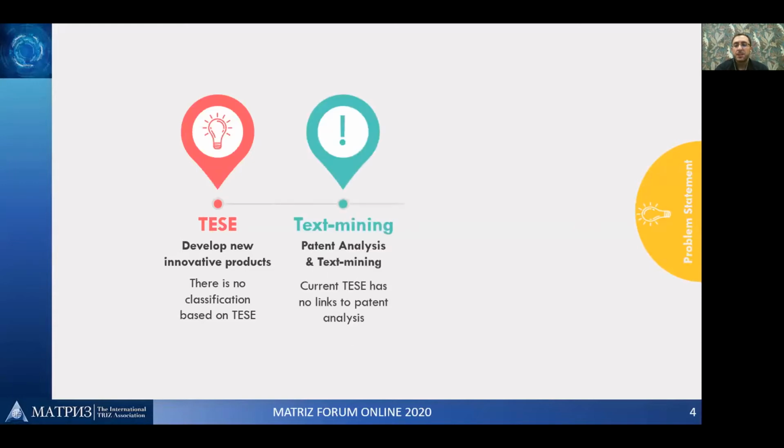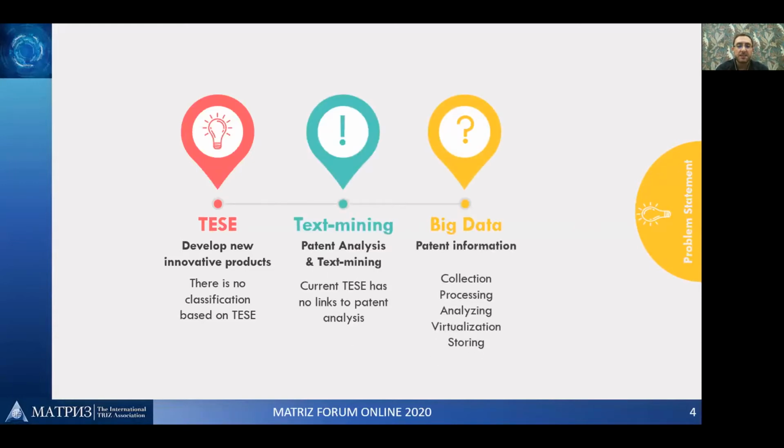When it comes to the problem statement, there is no classification based on TSE. Current TSE has no link to patent analysis in case of text mining. And also we need a big data platform for collecting, processing, analyzing, visualizing, and storing data.